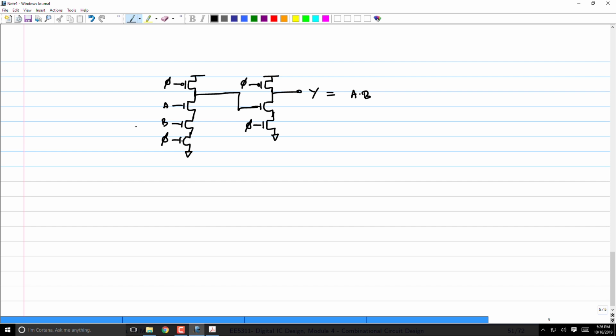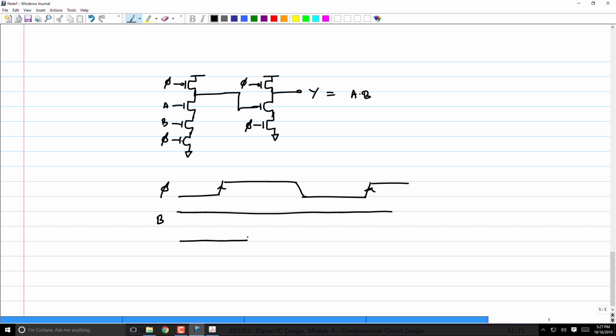Let's say that both A and B, my clock is here. Let's say that for simplicity, my input B is high all through, and my input A went high like this. Okay, this is Y1 and that is Y. What happens to Y1?